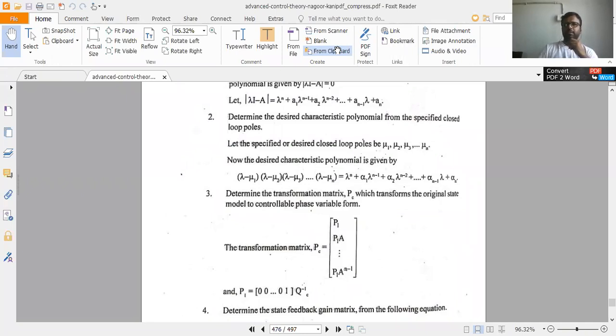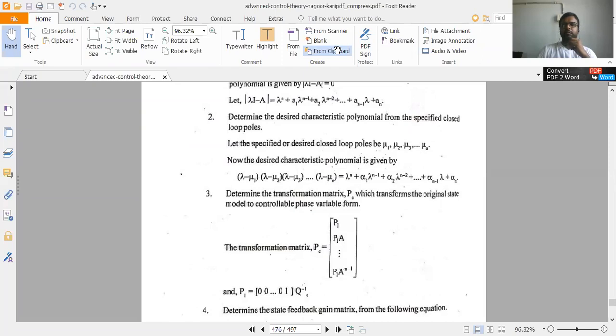Once again, I am going to discuss the third point. After equating the desired closed loop polynomial with the characteristic equation, we have to determine the transformation matrix PC, which consists of P1, P1A, P1A square, and so on up to P1 into A power n minus 1.